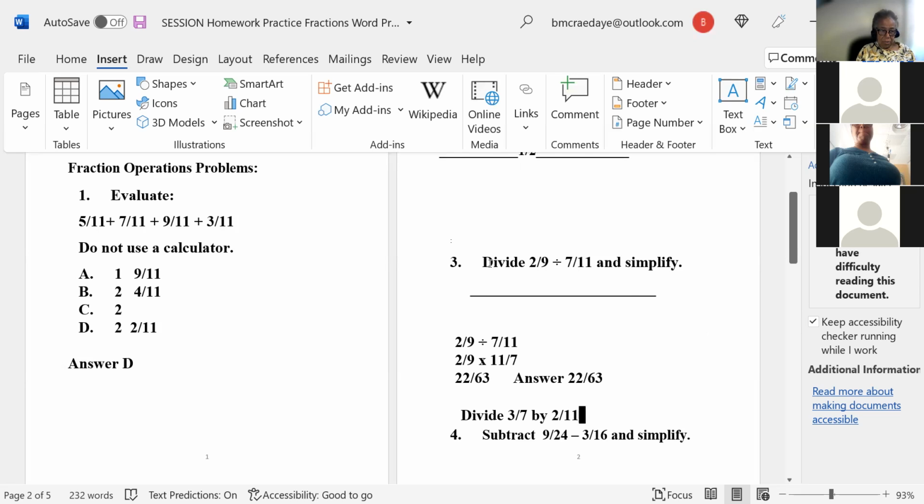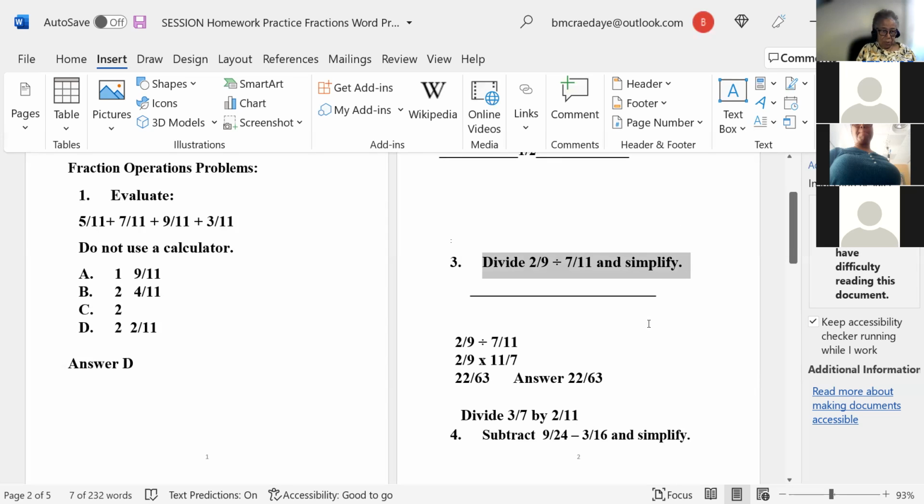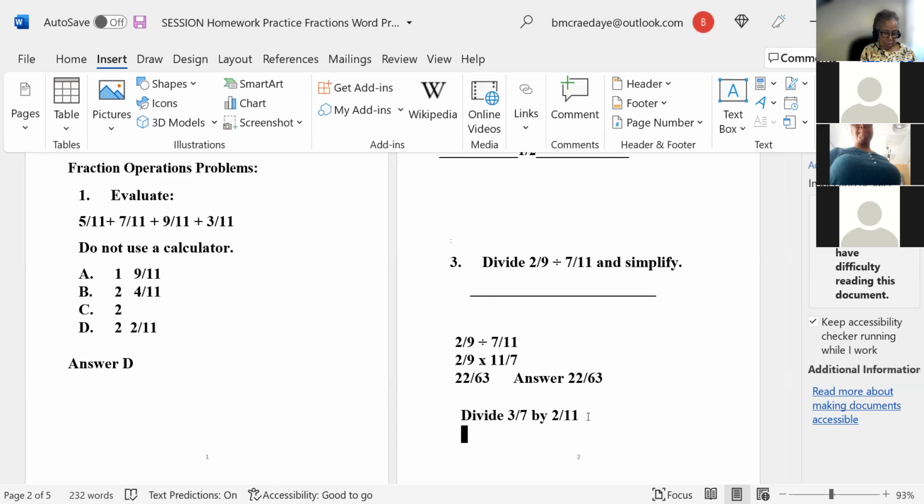In other words, let me just rewrite this and put in what I want, and then I want you to do that and give me an answer.